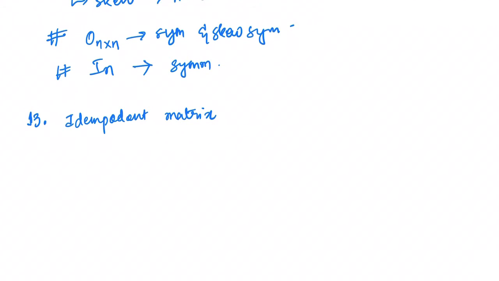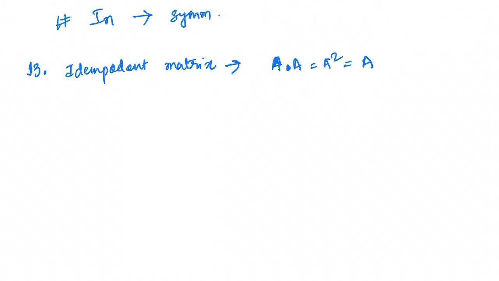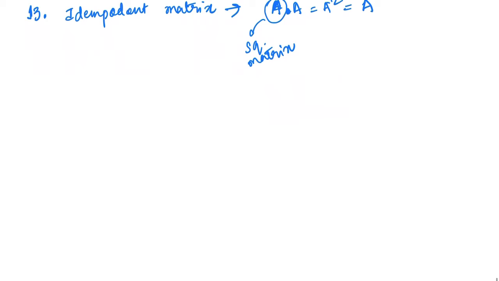An idempotent matrix is basically this: if I have a matrix A and multiply it with the same matrix, meaning I square A, the output I get will again be A. And this matrix A that we are considering should be a square matrix. Then we call this matrix the idempotent matrix.